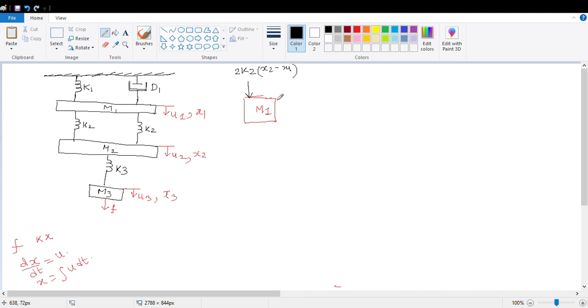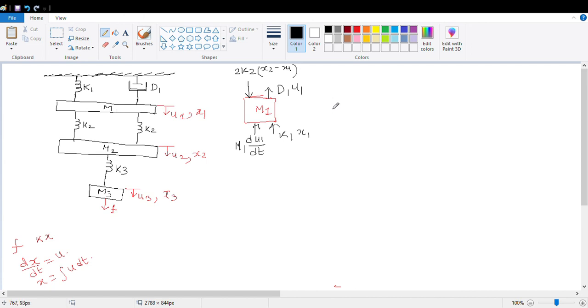I am taking it as an applied force. So what will be the counteracting force? It will be m1 du1/dt in this way, and next are these two forces. One is k1 x1. Understood? And another will be d1 u1. So these three forces are going to nullify this force.